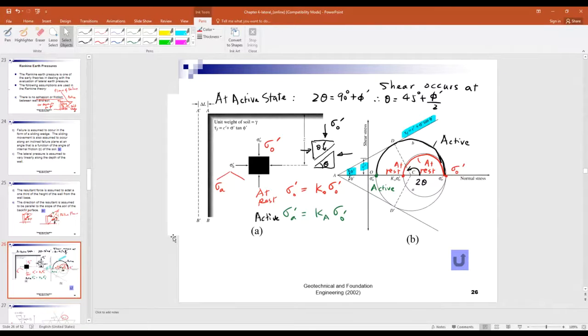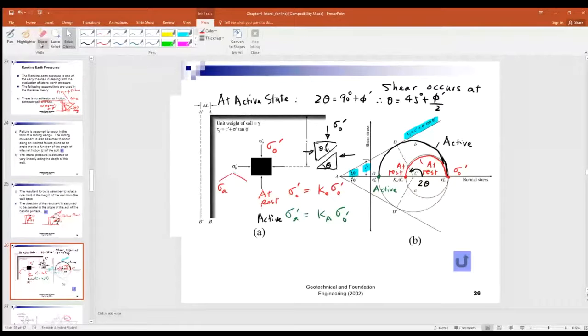Okay, now we use the Mohr circle to demonstrate the active state of the soil element. Now consider this soil element. Okay, now follow my pen throughout my whole explanation.